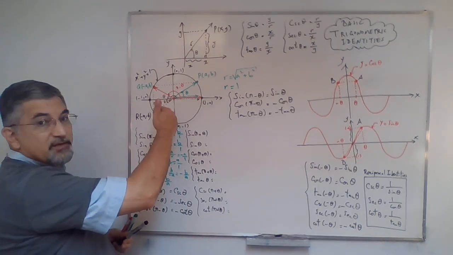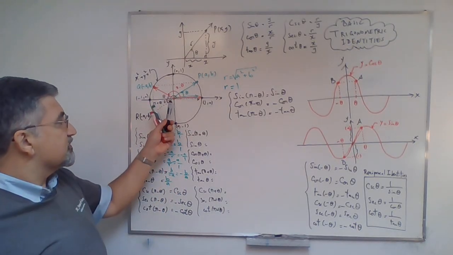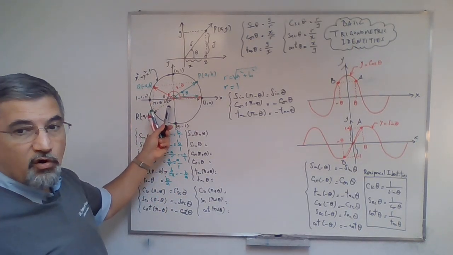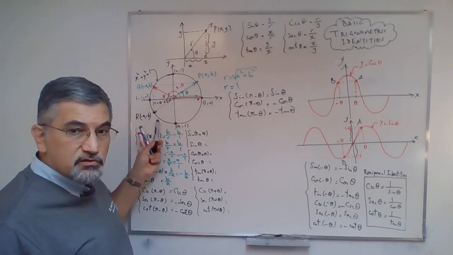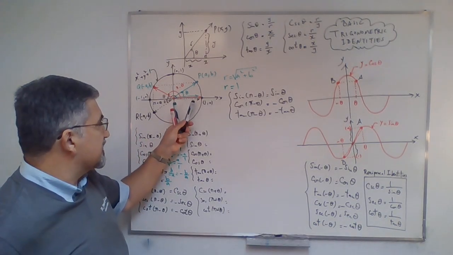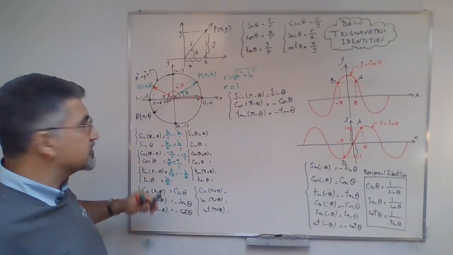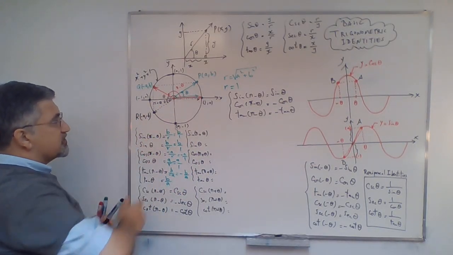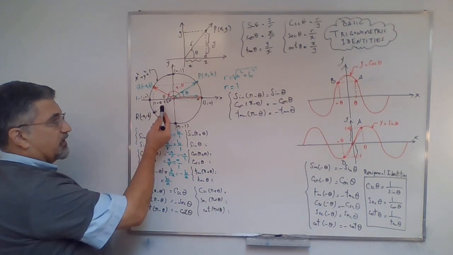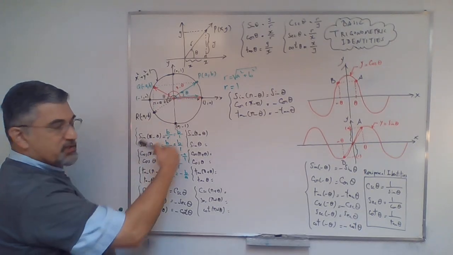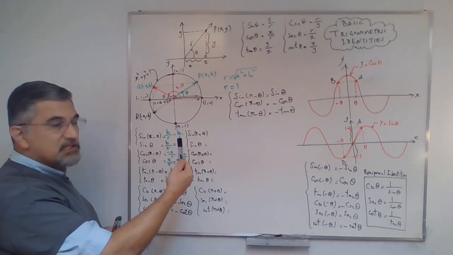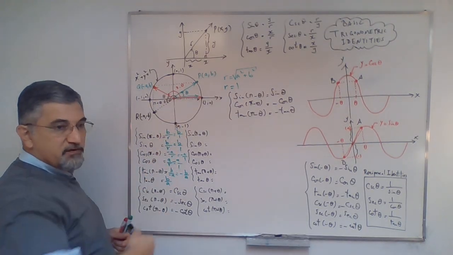Now, what if we have pi plus theta, and what if the terminal arm is lying in the third quadrant? You see this black dashed line I have drawn, this angle in standard position. Again, mind you, I selected angle theta below the x-axis exactly equal to angle theta above the x-axis.